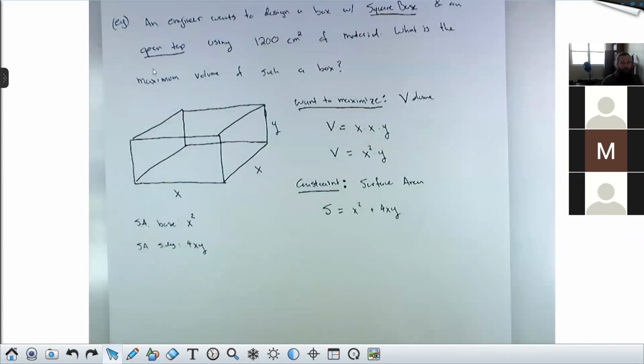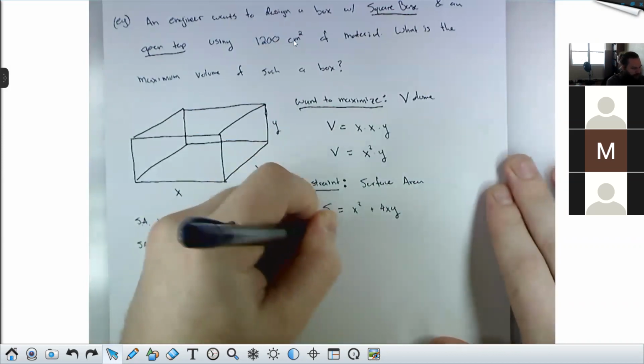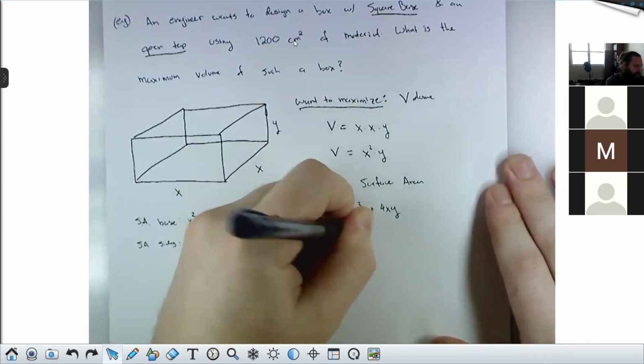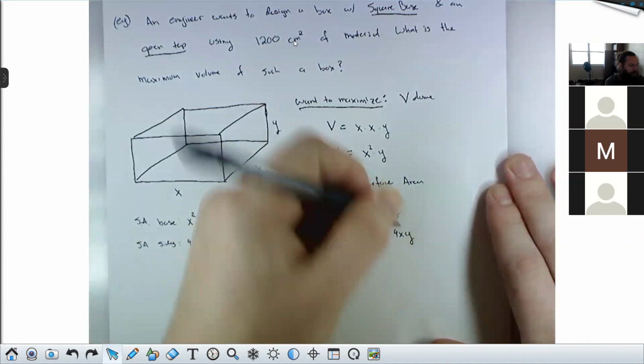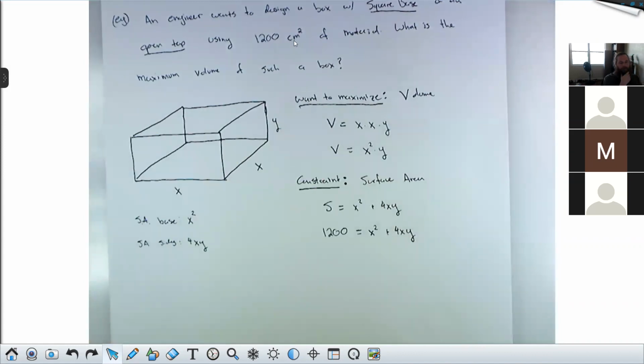And I know that this has to be 1200. So my constraint is 1200 equals x squared plus 4xy. Is everybody with me so far?